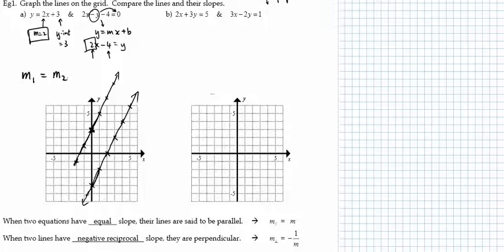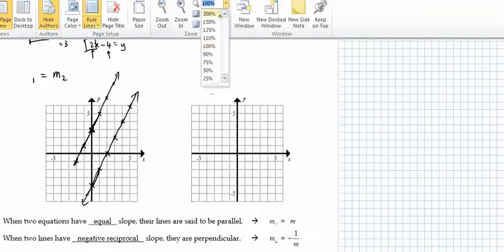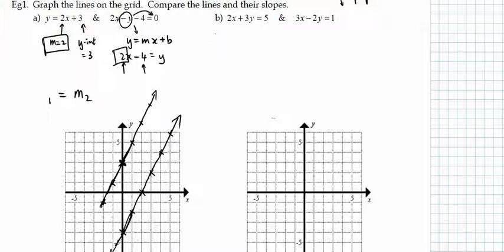But when it comes to perpendicular lines, it won't give us the same slope anymore. The slope will be a little bit different. So for the second one, 2x plus 3y equals 5. If I'm to draw the line for this equation, I can rearrange the terms like what we did in the previous case.